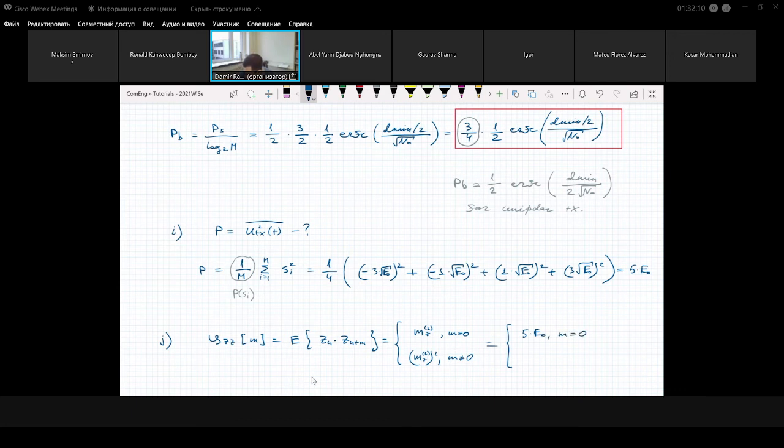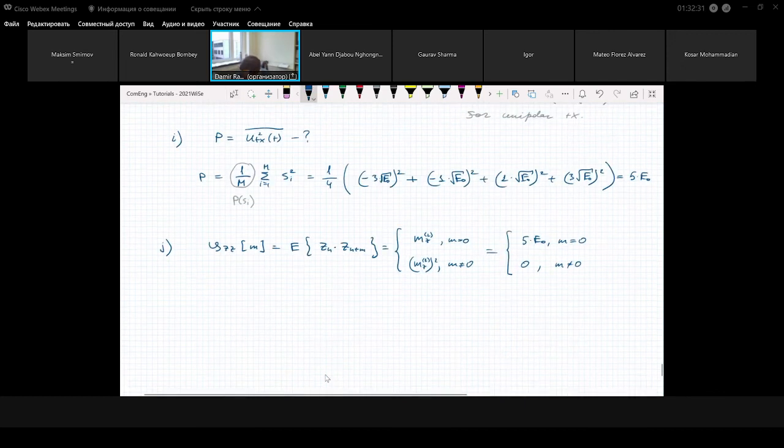And for the other case, if you calculate the first moment, you have minus 3, minus 1, plus 1, plus 3, which gives you 0. The first moment will be equal to 0, and this is what we have here for m non-equal to 0.